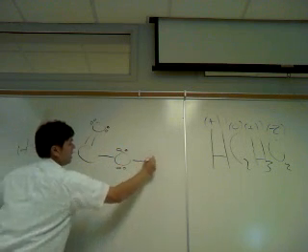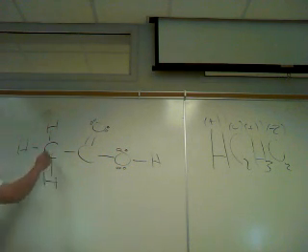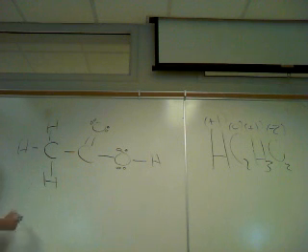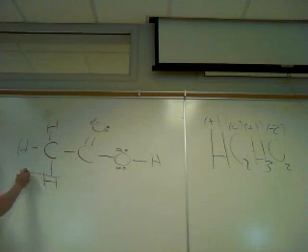So let's do that. And then we'll go on a break. 15 minutes. Carbon versus hydrogen, who wins? Carbon. So this is simple. Only one rule. What's the rule? Winner takes all.